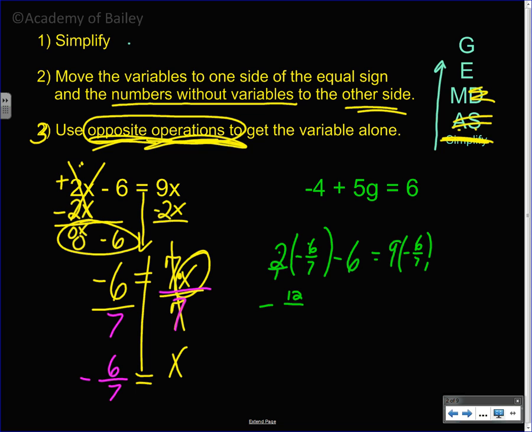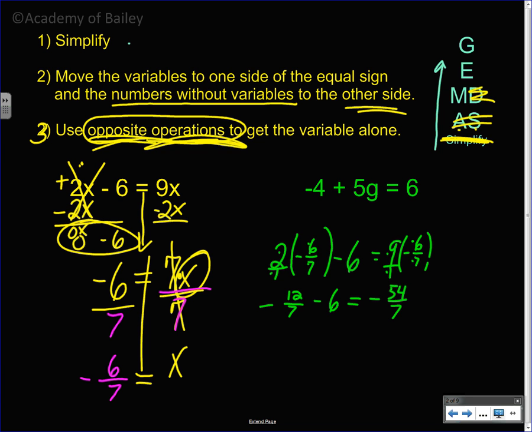And you multiply the bottom numbers, 1 times 7, that's 7. You're subtracting 6, and we're multiplying again. So we have 9 over 1 times negative 6 over 7. Positive times a negative will give you a negative. 9 times 6 is 54. 1 times 7 is 7.